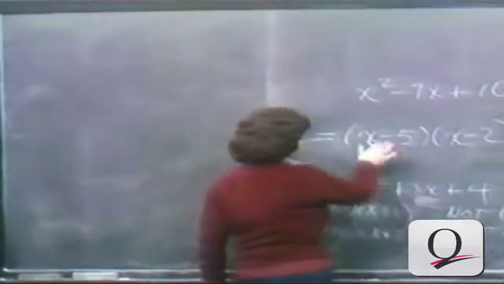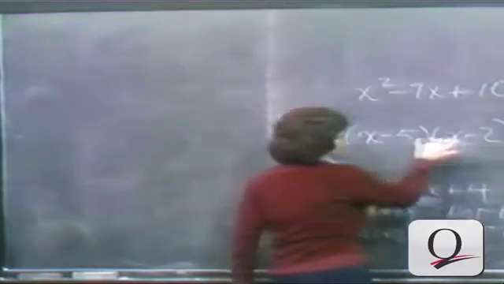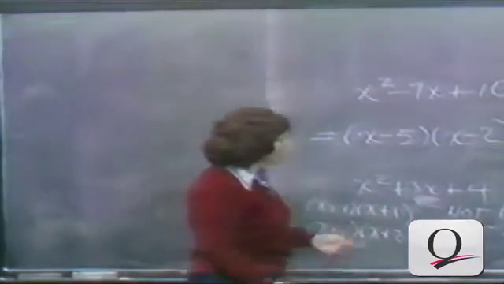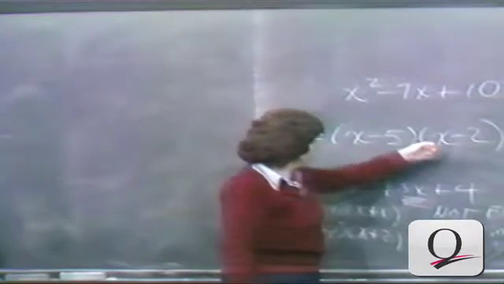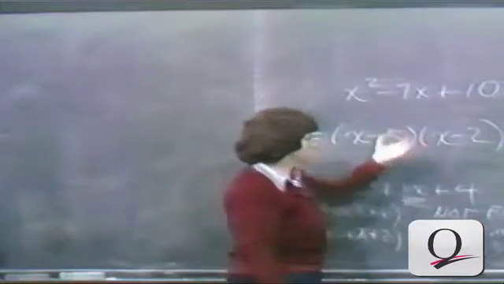And it gets a little confusing. Also, in this particular instance, when there's just x and x, it doesn't matter if you write it x minus 2 times x minus 5 or x minus 5 times x minus 2. But if you have, say, x and something else over here, then you also have to consider doubling the possibilities because the second term has to appear with each of the other ones. Let me give you an example. I'll show you what I mean.